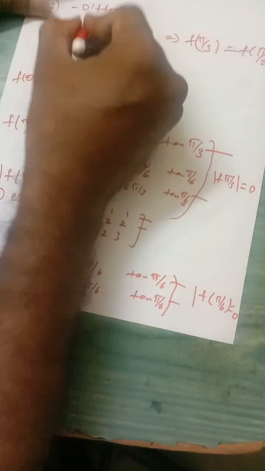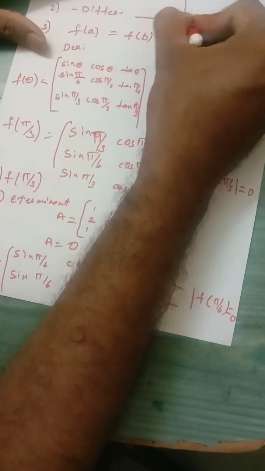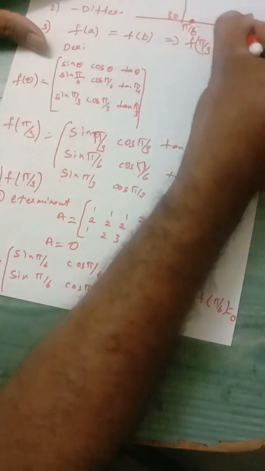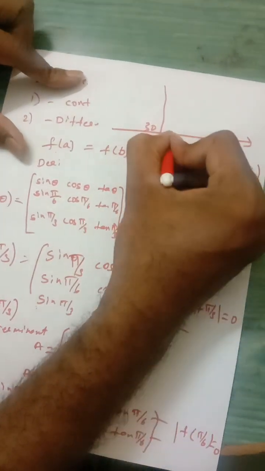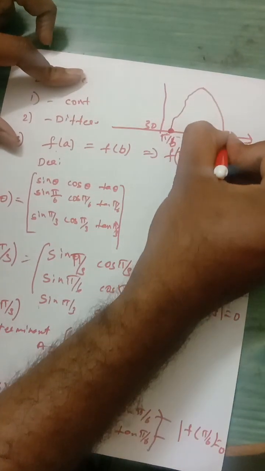Now f(a) and f(b) are equal. Taking π/6 as 30 and π/3 as 60, the curve goes somewhere and comes back to 60.